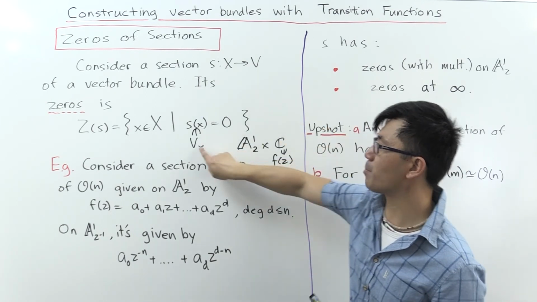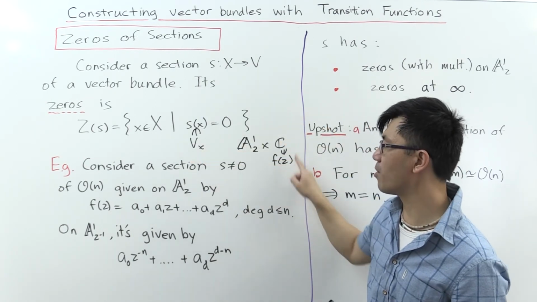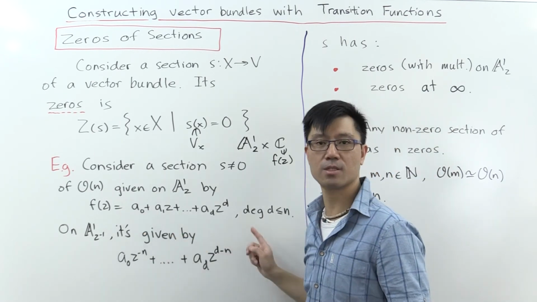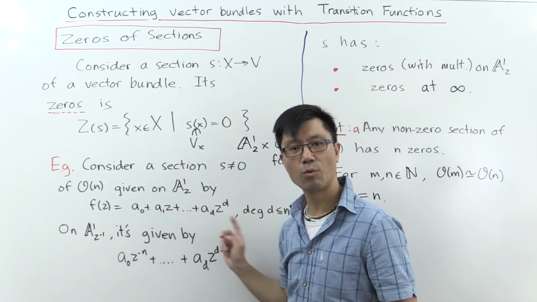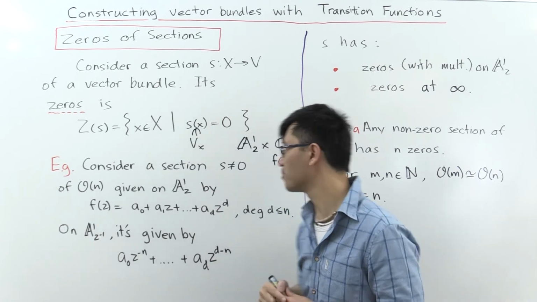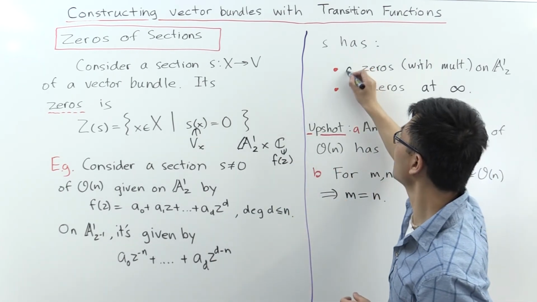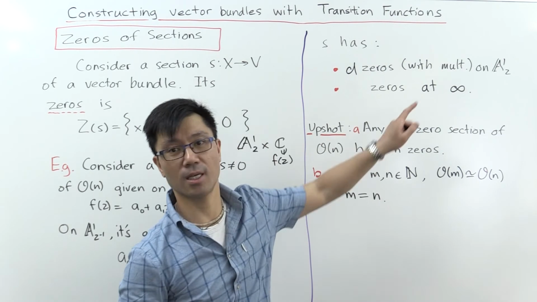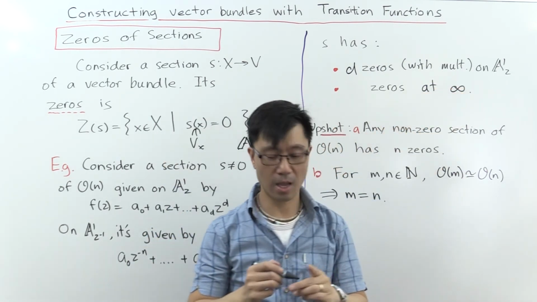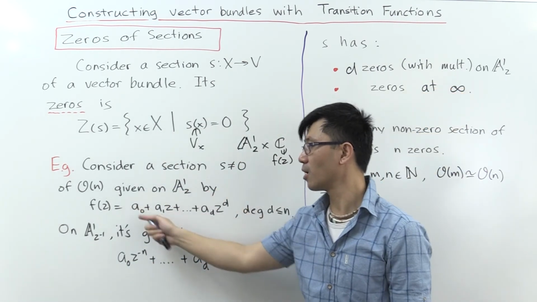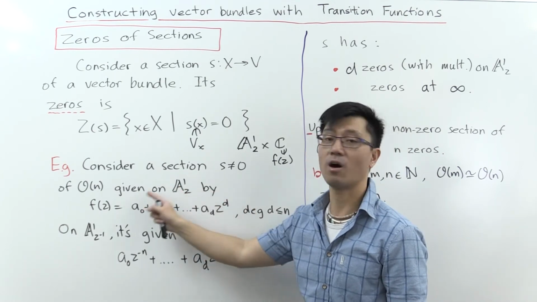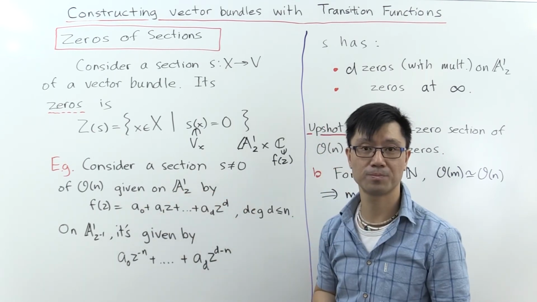And this C is basically your V_x, so you want it to be 0 there, so you just look at the zeros of this polynomial. And with multiplicity, of course, we know there are d of them. So S has d zeros with multiplicity on this affine line, and they just correspond to the zeros of this degree d polynomial.